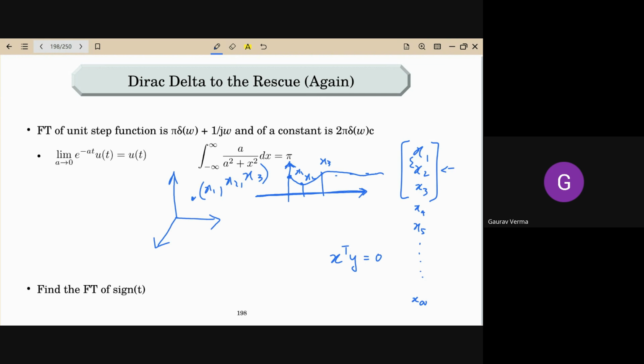No, think of time as just an index. Think of this entire signal as a vector and time as just an index. So if I take this infinite dimensional vector and say x1, x2, x3, this 1, 2, 3 here are all like time. It's like an index to identify each and every coordinate of this vector.